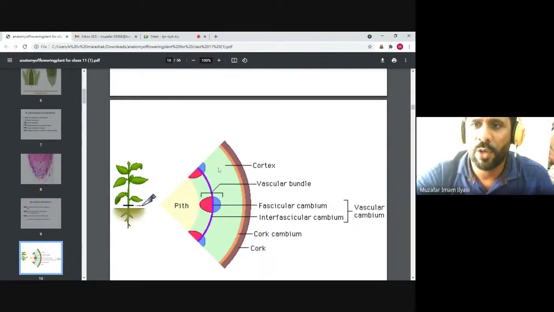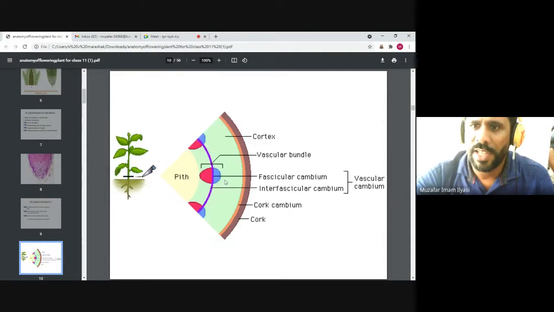This is the cortical region, meaning cortex, and this one is the vascular bundle, meaning xylem or phloem. Inside this is the cambium ring, the fascicular cambium. This one is phloem, this one is xylem, this one is the cork cambium, and this is the cork. So the entire one is called vascular cambium.